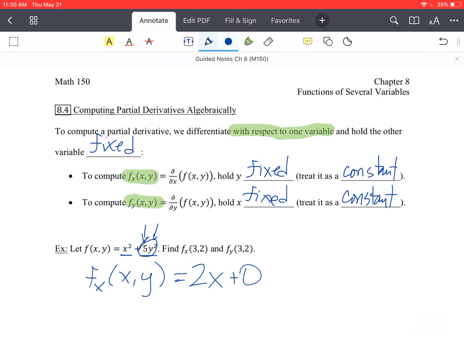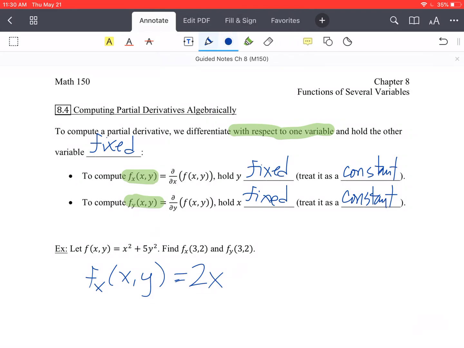You don't even have to put plus 0, because we don't need to show that we're adding 0. That would be it. That's the partial derivative with respect to x. So you take the derivative of all the x's and then just treat the y's as constants.